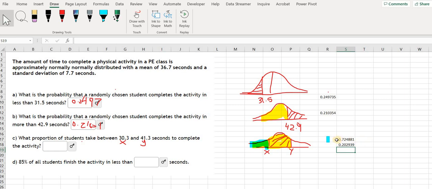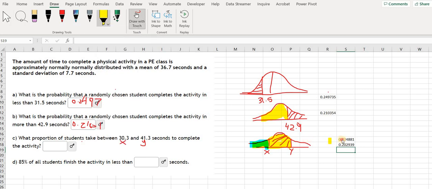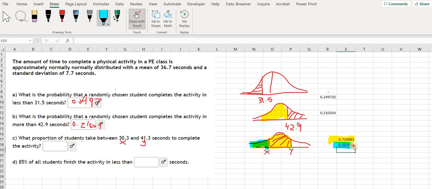This number represents the yellow color, and the second number represents the blue color.